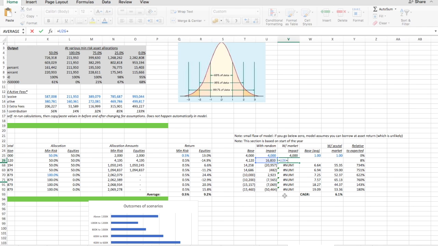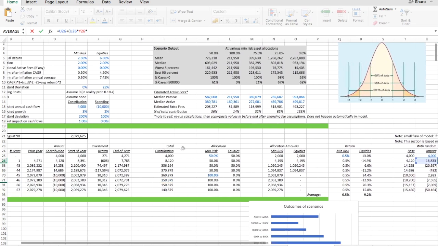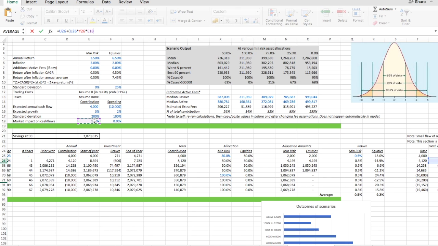Plus, we then got the same contribution impacted by our market impact. That's this number. And then the number up here is saying, how susceptible were we to the market impact? In this case, let's say 1.